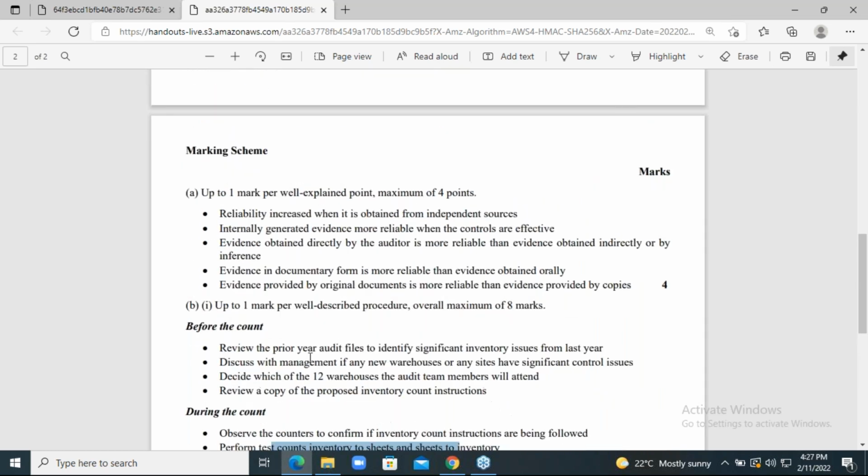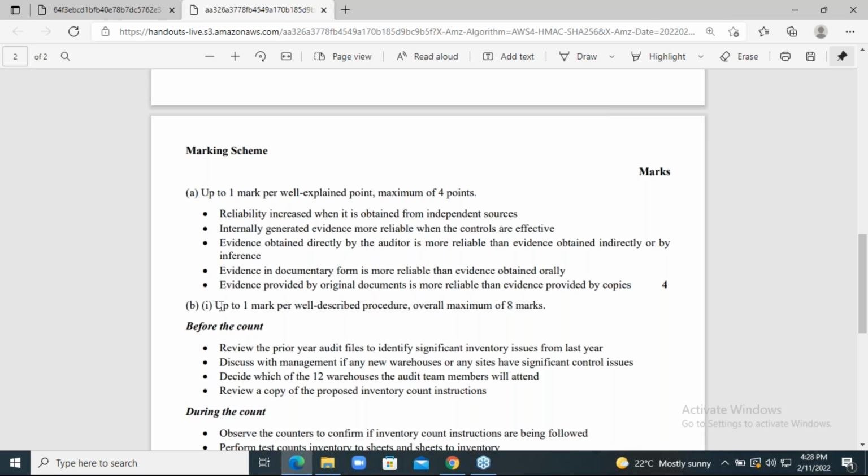But the important thing is up to 1 mark per well described procedure, overall maximum of 8 marks. So 1 mark per well described procedure. Normally, students ask how many procedures should be written for 4 marks?